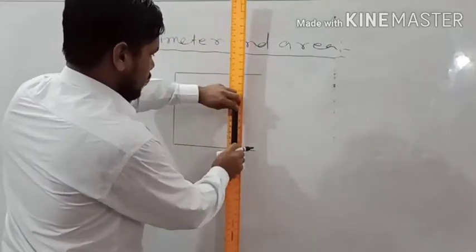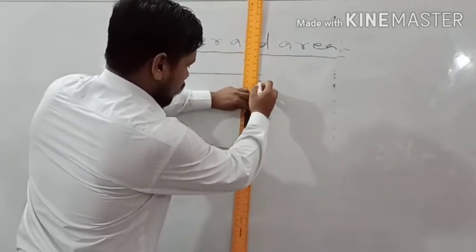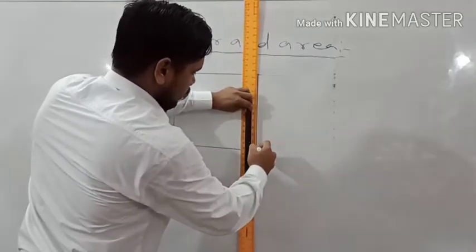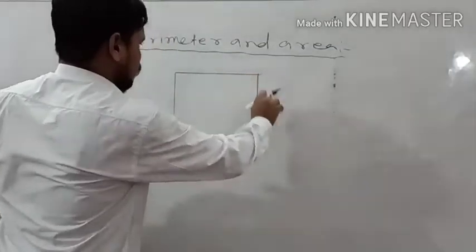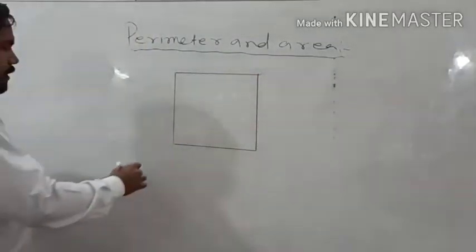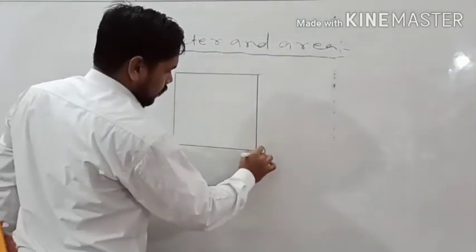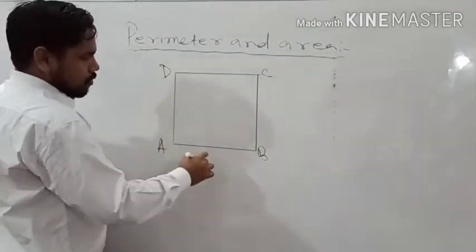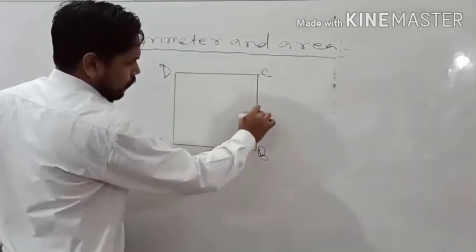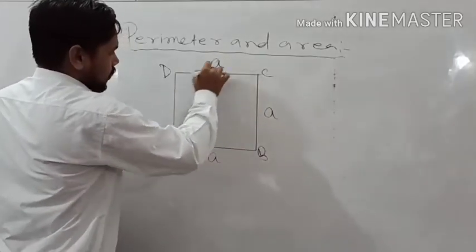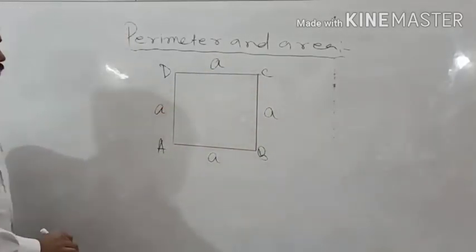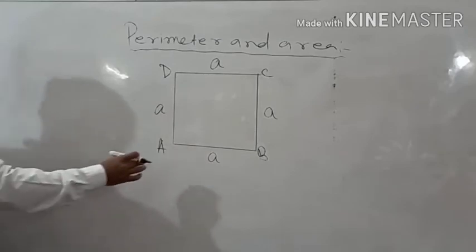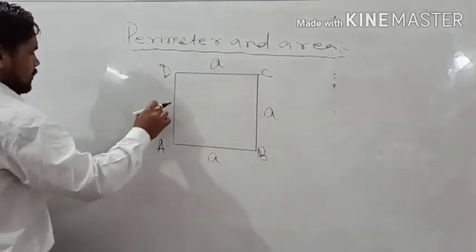So suppose this is the square. Okay, and let us give the names A, B, C, D. And suppose all the sides are of length A. A we are considering. You can consider X, Y, Z, whatever you want.